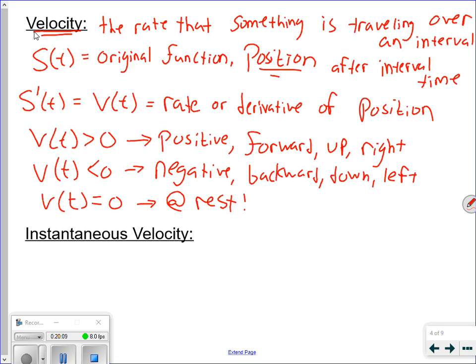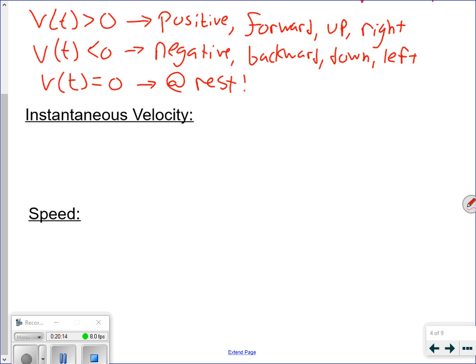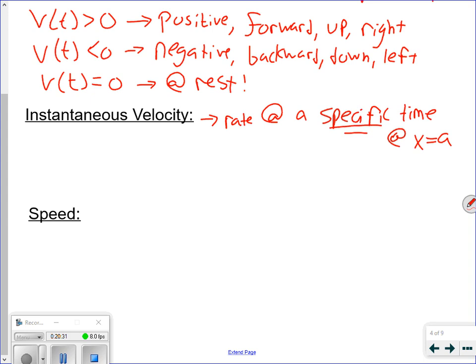Now, if I were to specify it as the instantaneous velocity, that's just the rate at a specific time. So that would be, for example, at x equal a or something like that. It's the rate of change at a specific point. So there's your application of derivatives.